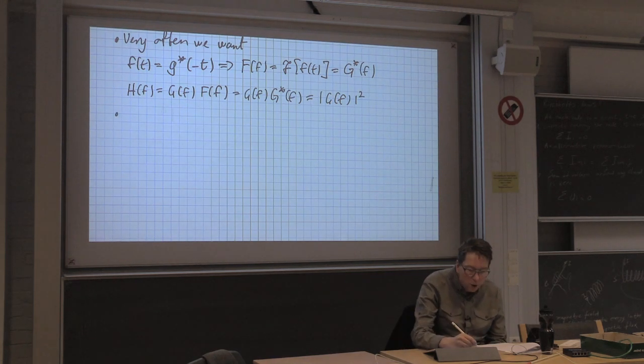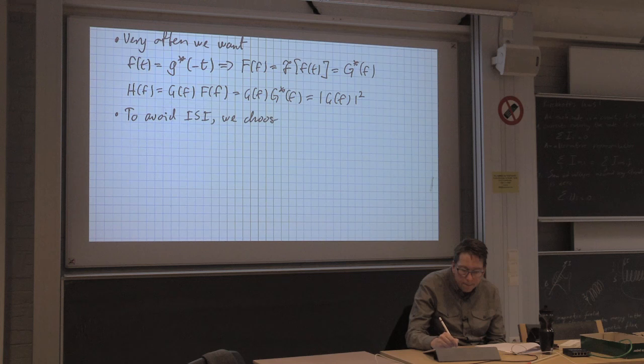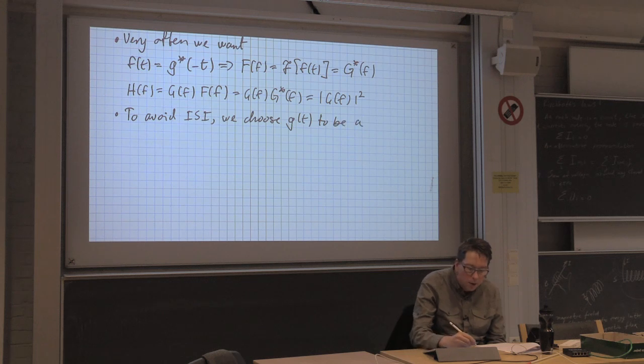So to avoid ISI, we choose g to be a root raised cosine pulse.